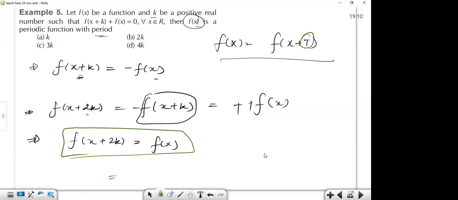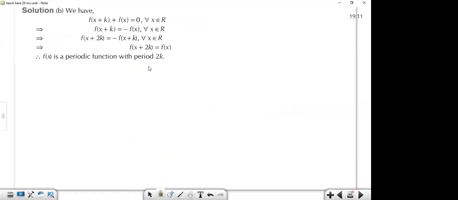After what change in variable is f of x assuming its same value? What is the period here? 2k. 2k is the answer.